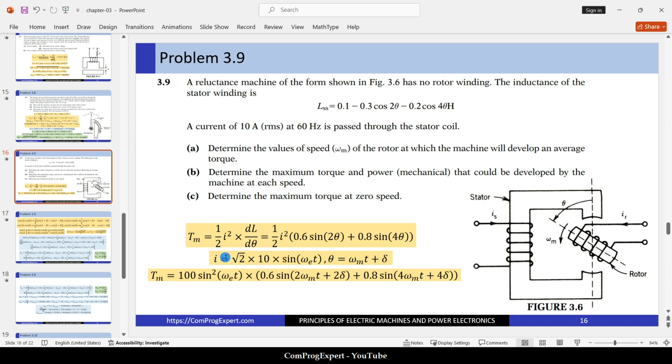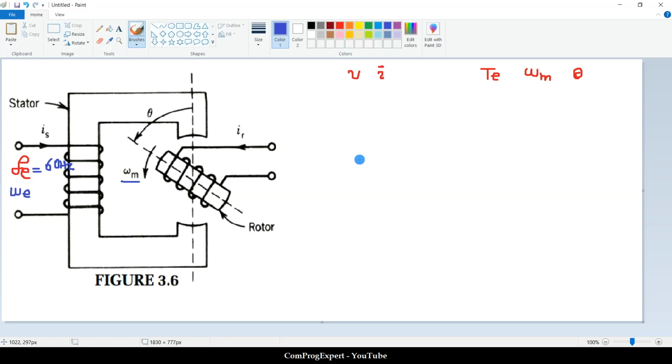Its peak value is square root of 2 times 10. The peak value times sine of omega e t, electrical frequency, or electrical angular speed. This is the amplitude of the current times sine of omega e t.